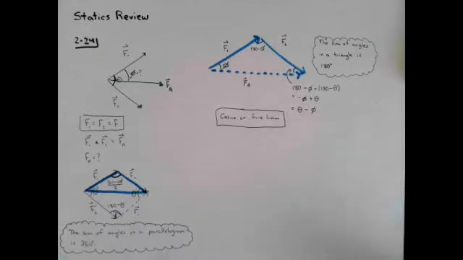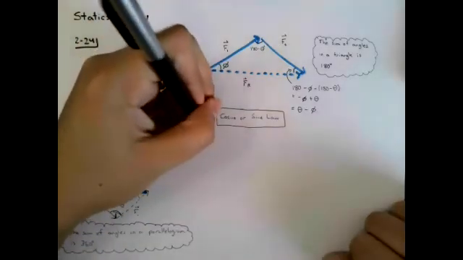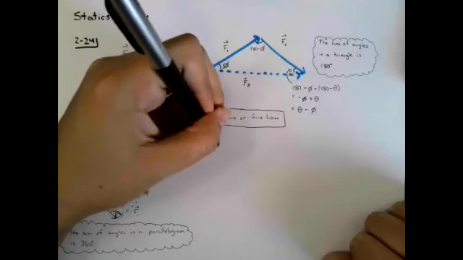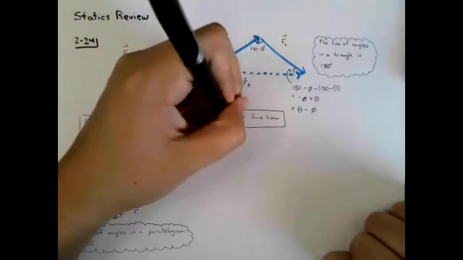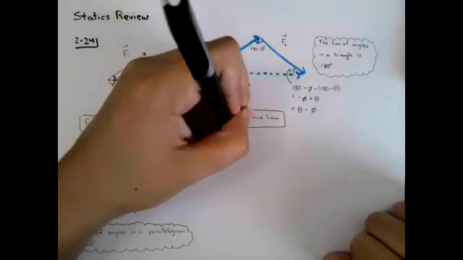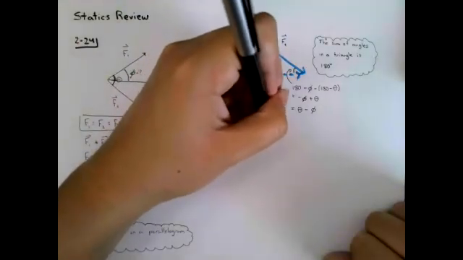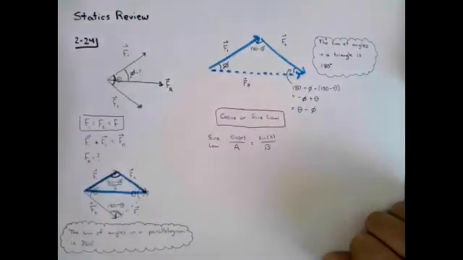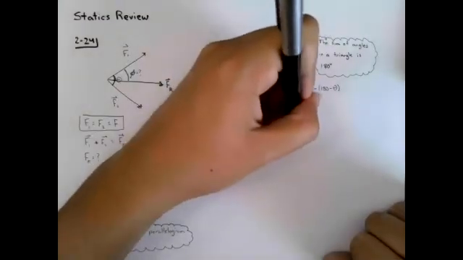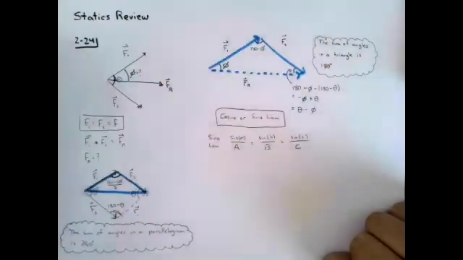So I'm going to start with the sine law. I think that would be the easiest one. Do you remember the sine law? If you need a refresher, the sine law simply states that the sine of an angle A divided by the length of the opposite side A in the triangle is equal to the sine of angle B divided by the opposite side B, and it's equal to the sine of angle C divided by its opposite side C.